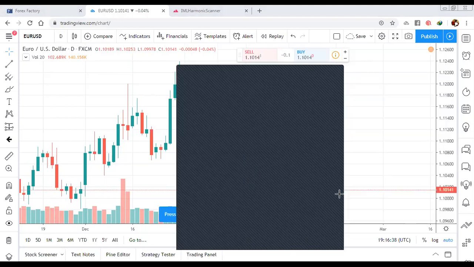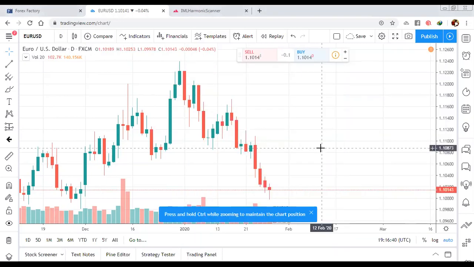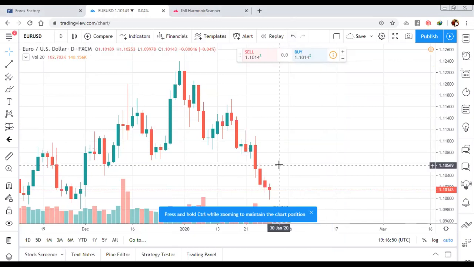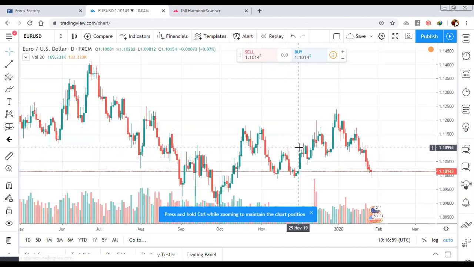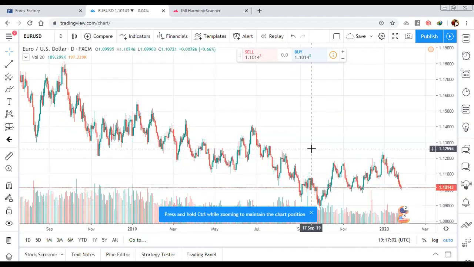You need to trade by conditions. So you should also know what you are looking for before you buy or you sell.